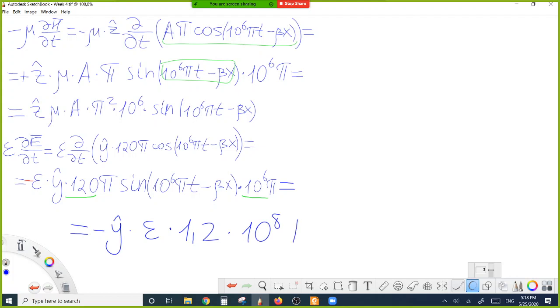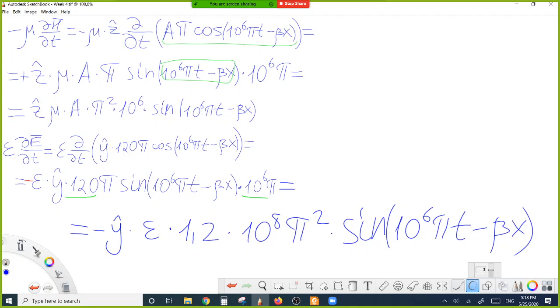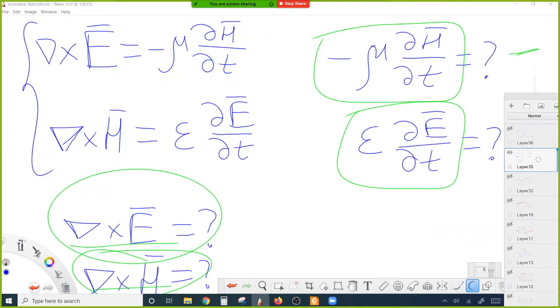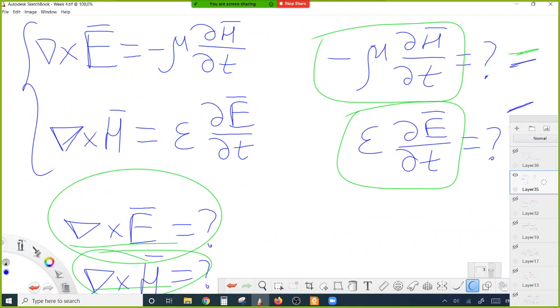P and p gives us p squared, multiplied by sine(10^6 pt minus beta x). Okay, we have computed these two terms.